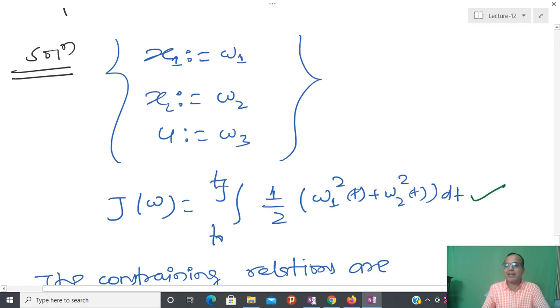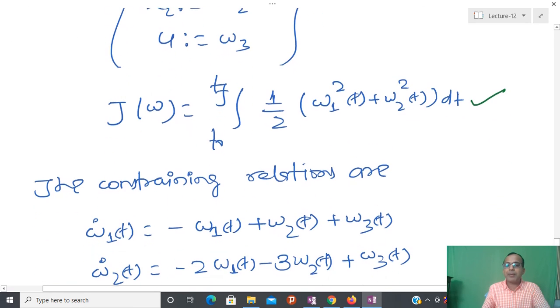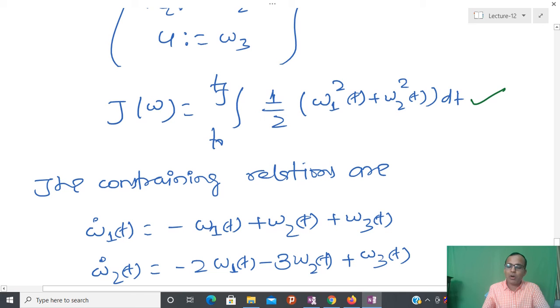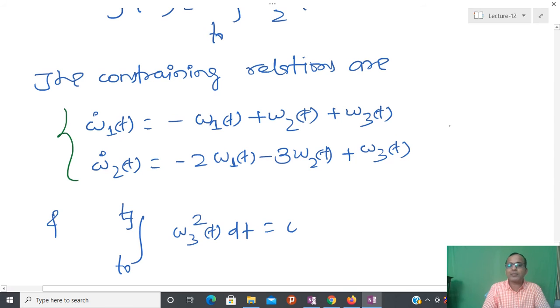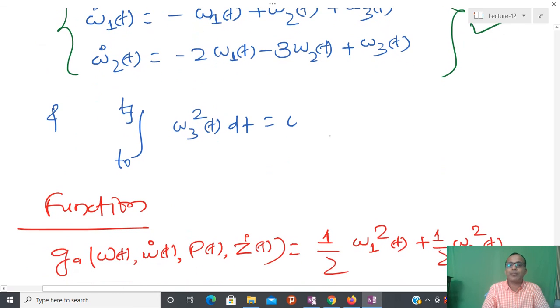After that I express my functional, or performance measure, in terms of that, and this is the equation of the process, which I express as a differential constraint, and this is my isoperimetric constraint.